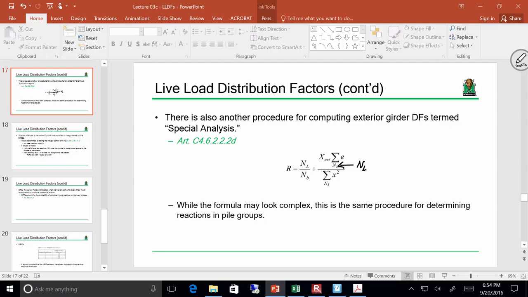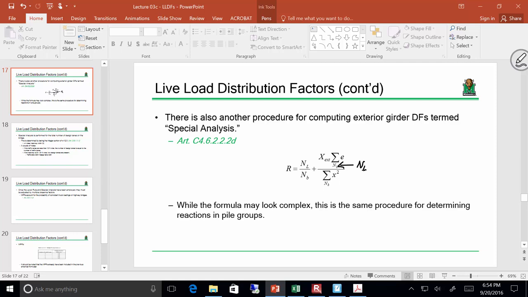That's supposed to be NL. I apologize about that. That actually is somewhat important because it clarifies what I'm about to mention now. Did everybody find that? I'm sorry about that. Okay.